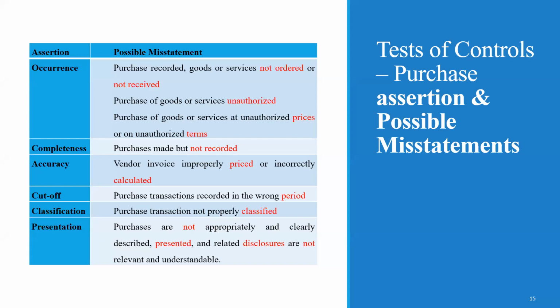So for example, here, we look at the test of controls and the assertion and also possible misstatement. For the occurrence assertion in the purchase cycle, what are the key control points?